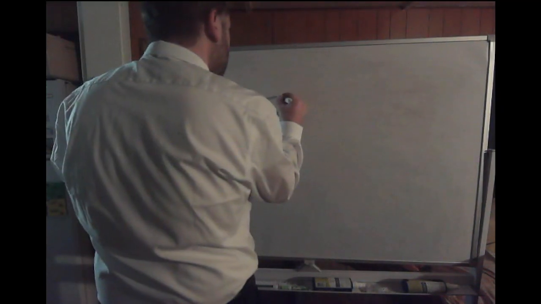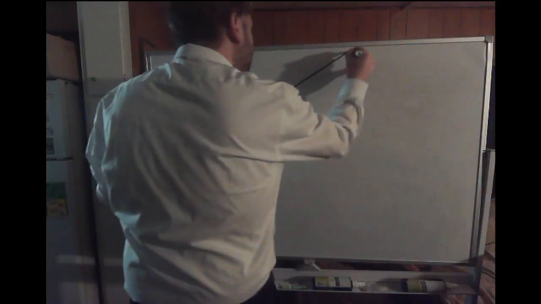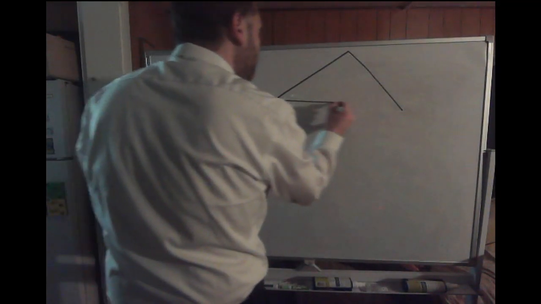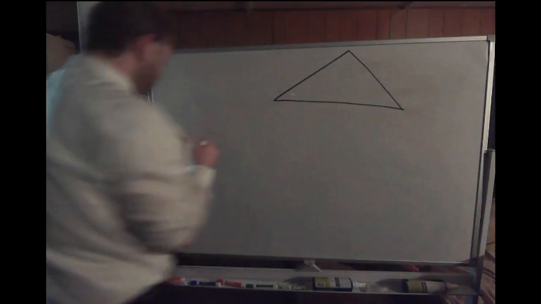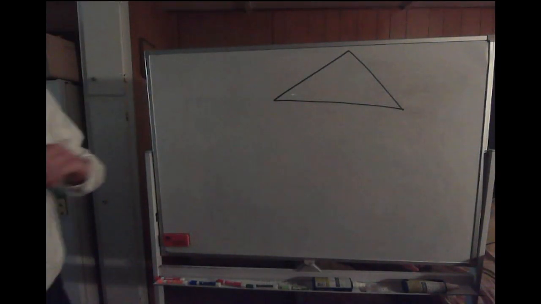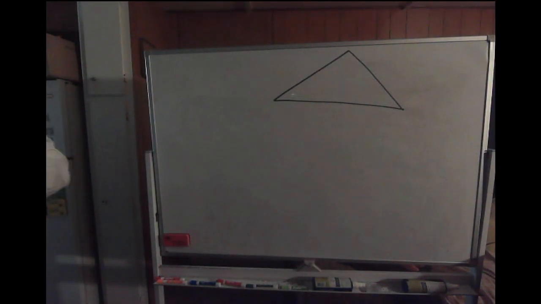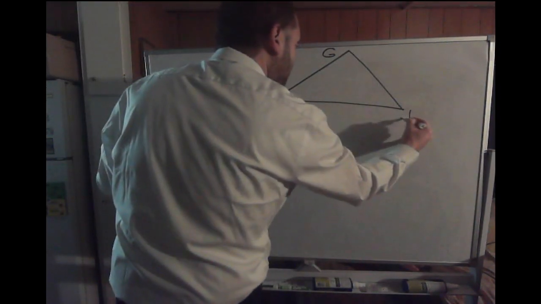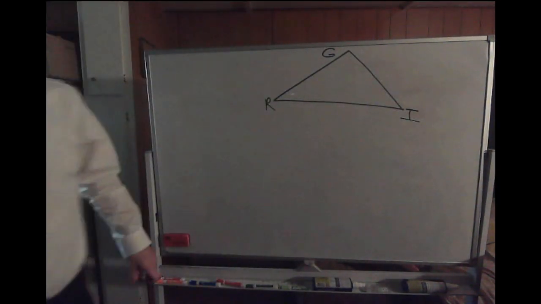Alright, what do we got here? Draw a nice big right triangle. GRI. What else do we get from here?